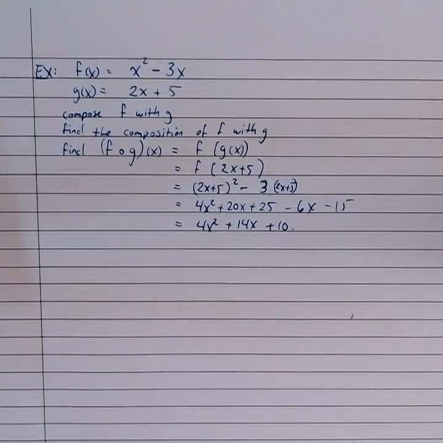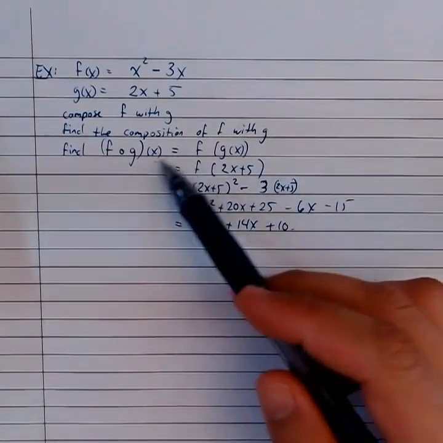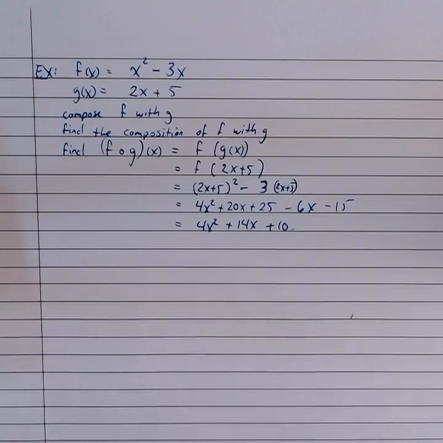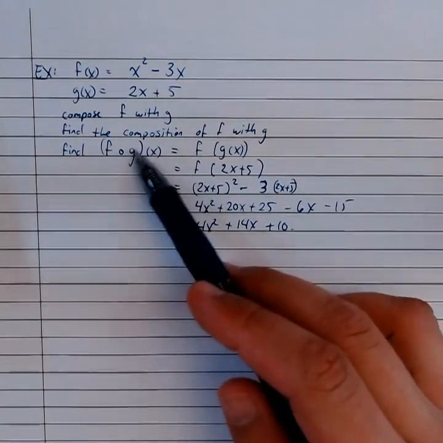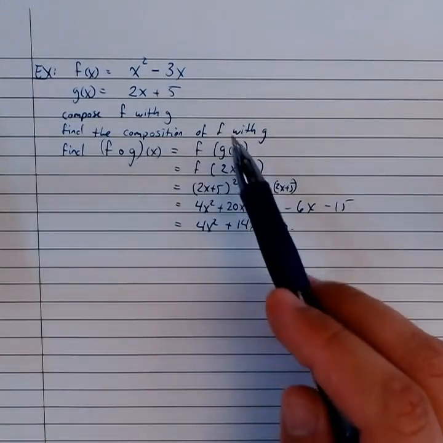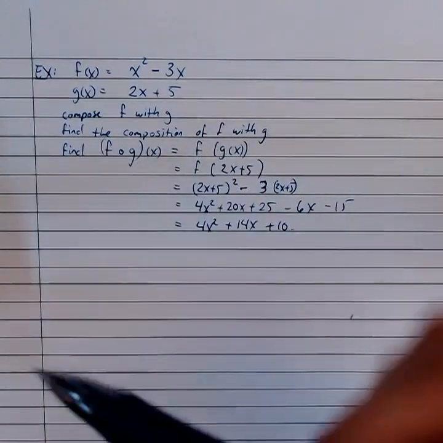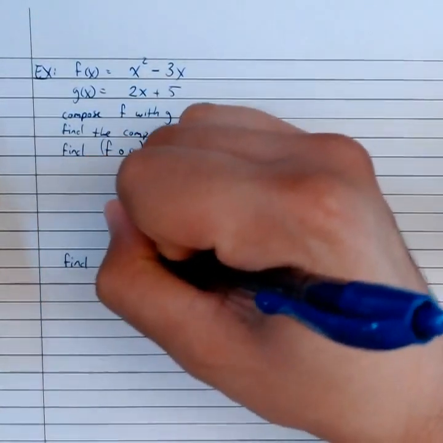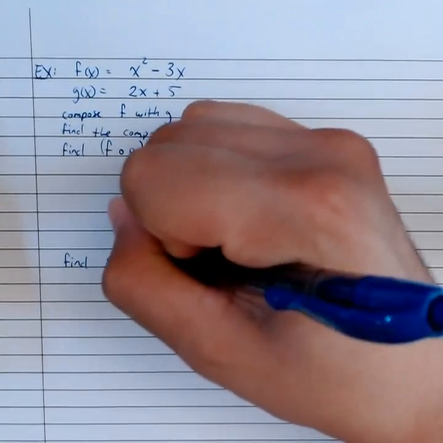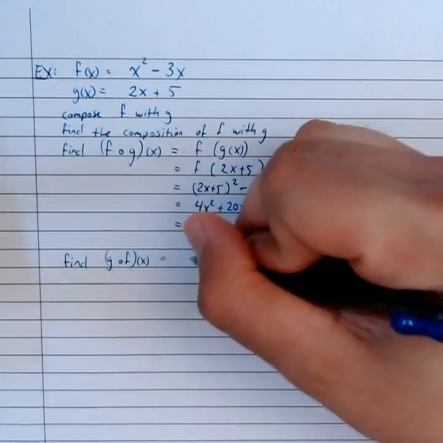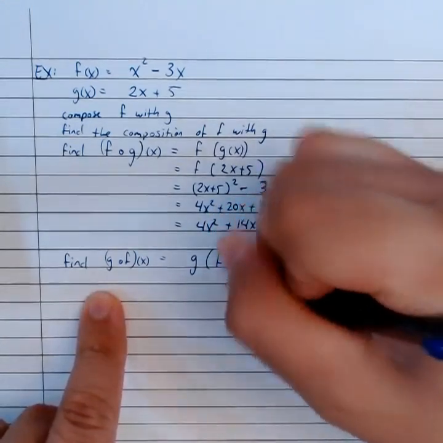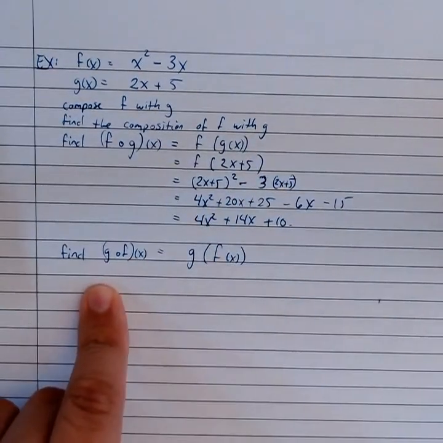Now, one thing to note, and that's compositions can be done in either direction. And that does not mean you're going to get the same answer. Here, we found f of g of x by taking g and plugging it into f. We can also go the other direction, find g of f of x, which is to say plug f into g.